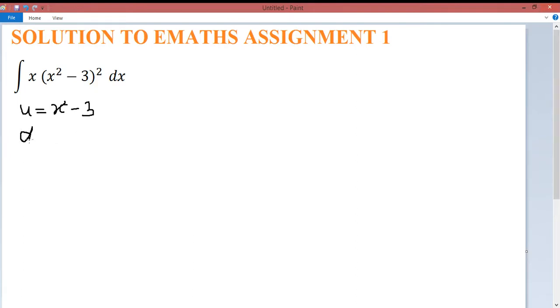Then we can differentiate our u, which is du dx is equal to 2x. Then we'll make dx the subject. Now dx is equal to du over 2x.